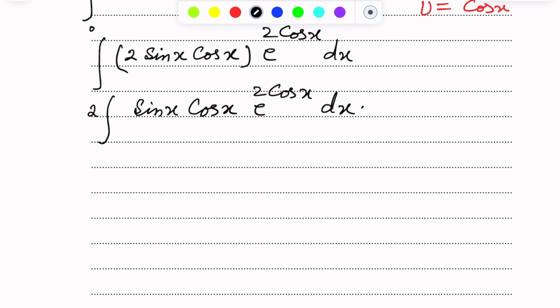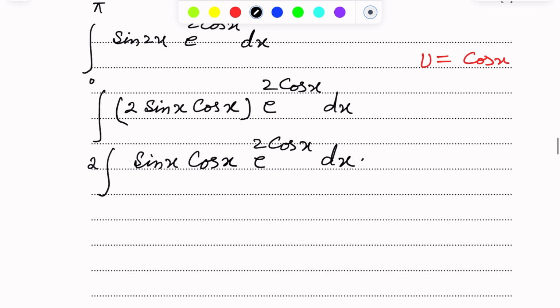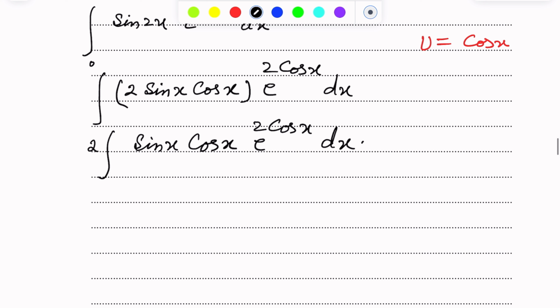Now we can write 2 cos x sin x with respect to x.